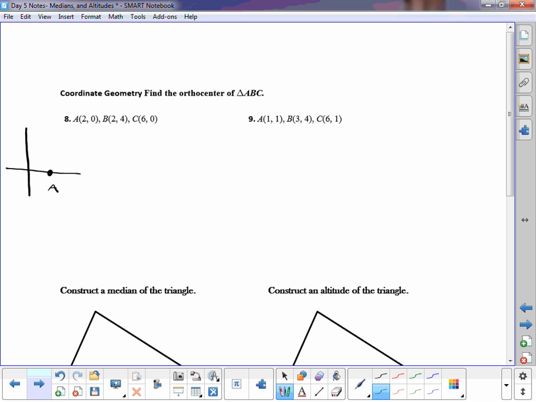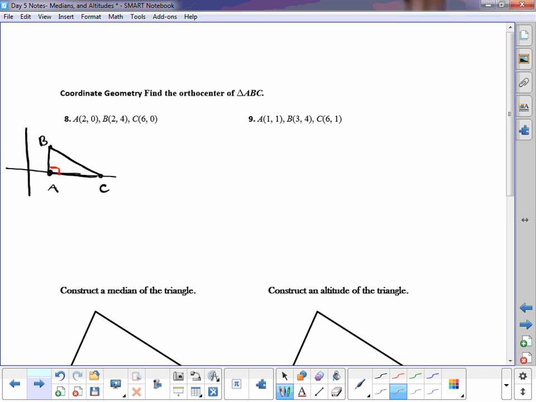B is at (2, 4). And C is at (6, 0). What do we notice about two sides of this triangle? They're horizontal and vertical. So what type of triangle is this? Right. Oh, how nice! It is a right triangle.